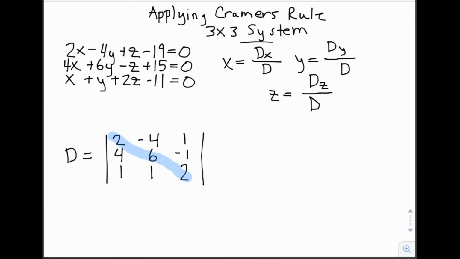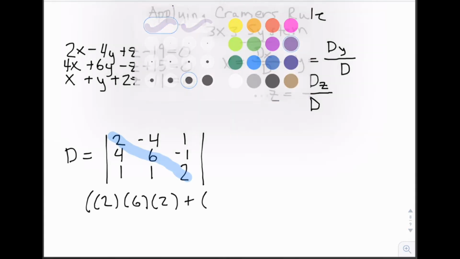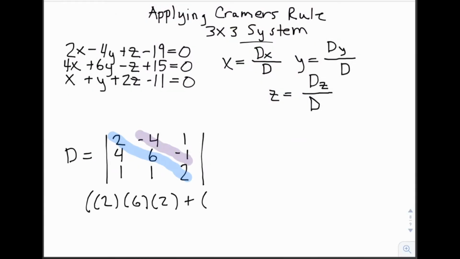Our first one is going to be this 2 times the 6 and then multiplied by the 2. And then we can go ahead and add. Let's find another diagonal here. So another diagonal in the downward direction might be this -4, -1, and then opposite corner of a 1.